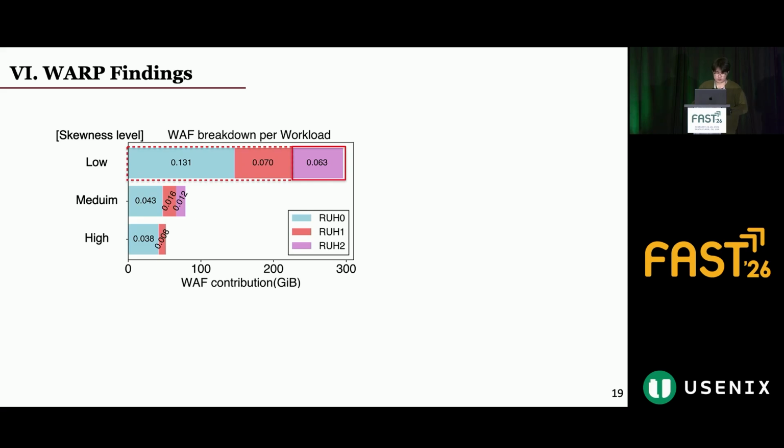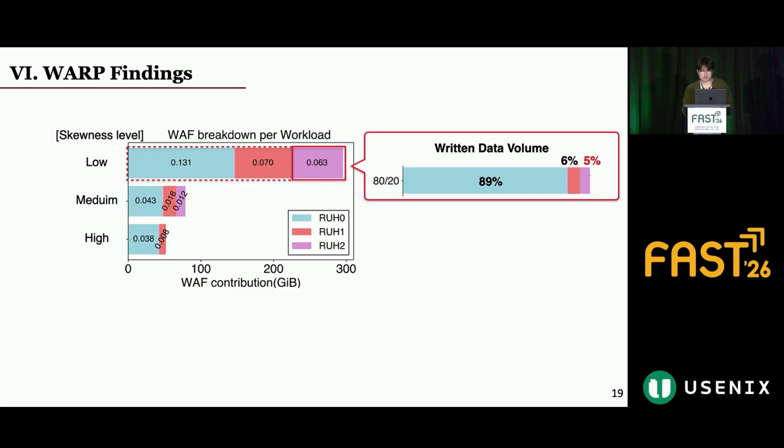With WARP observability, we can now look inside the black box. The first finding is what we call the noisy RUH. This is a write amplification breakdown graph, broken down by workload. Under the low skew, RUH0 handles approximately 90% of the written data volume, the IO size goes to RUH0, while RUH1 and RUH2 account for 5% each of the workload.